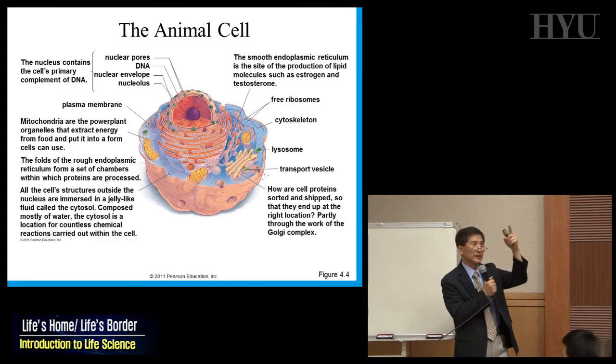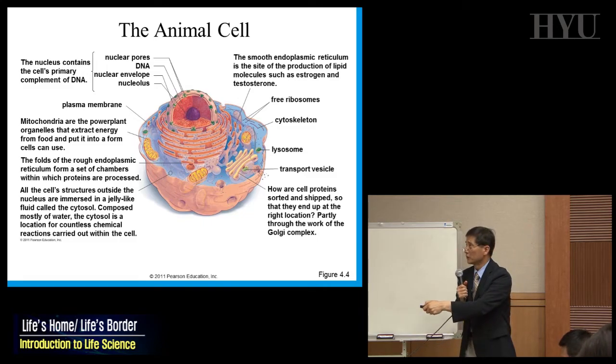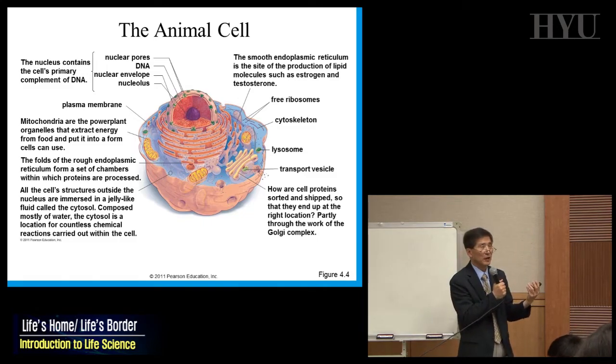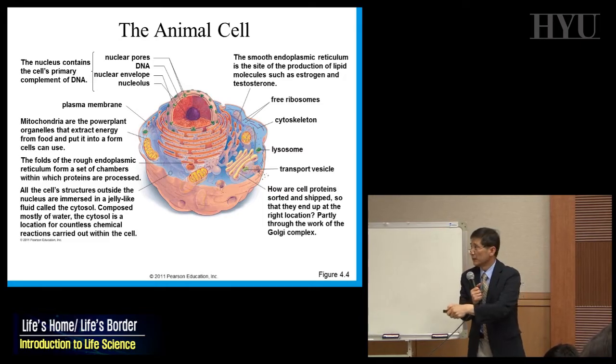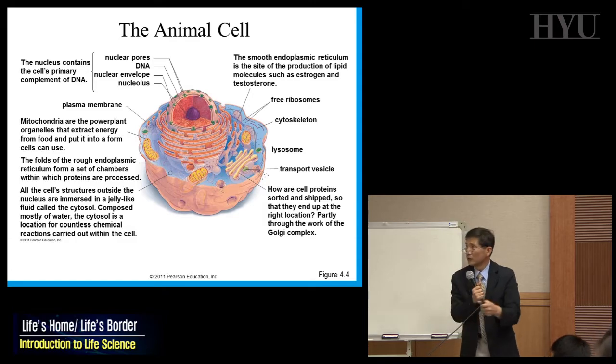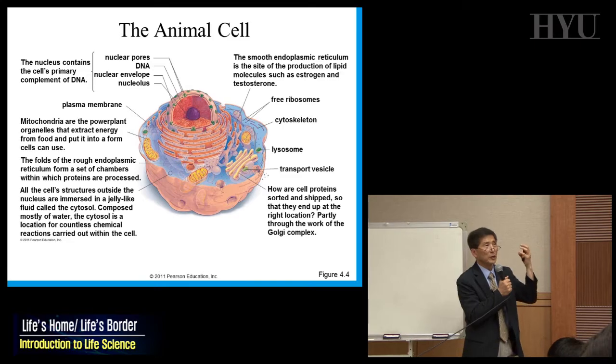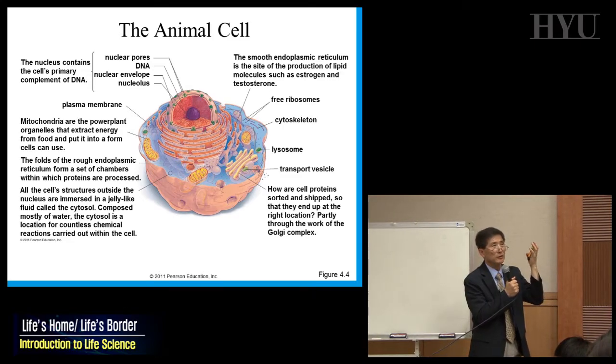Endoplasmic reticulum is ER. ER has two types. One is smooth, the other one is rough. Why is it rough? There are small little dots you see here. Those are the ribosomes, the workbench for protein synthesis. We'll come back to that point.